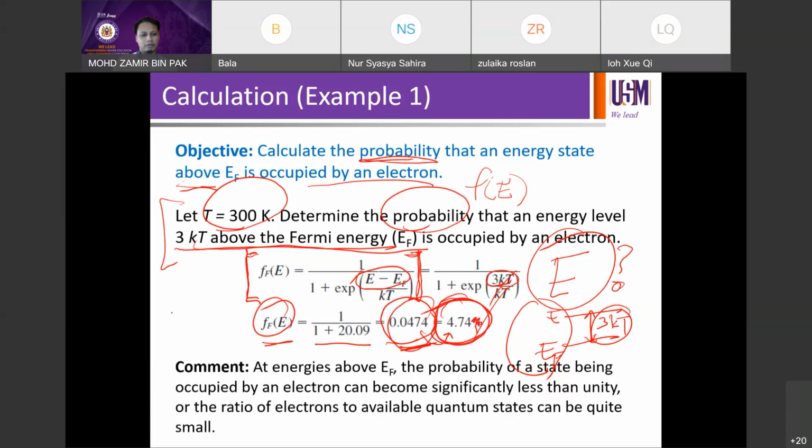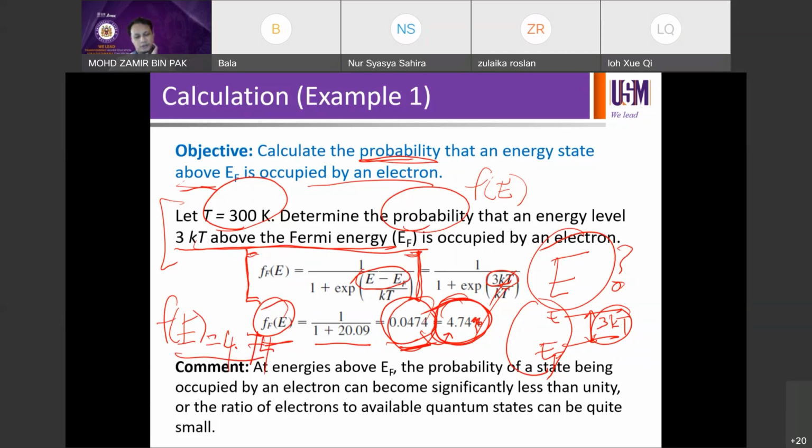What is wrong? If your answer is F(E) equals 4.74, what is the obvious mistake here? The range is not between 0 and 1. Yeah, exactly, right?